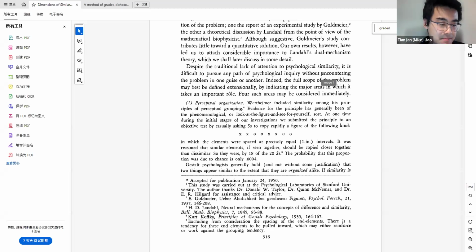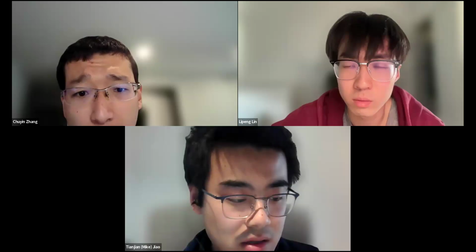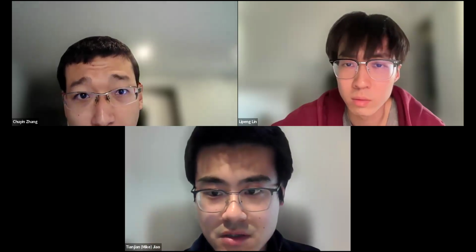Great. But what does the word similarity even mean? What's the definition of similarity? Now, there seem to be two ways to consider similarity. One is to consider similarity based on the common elements between stimuli.